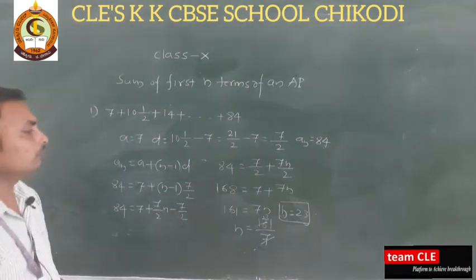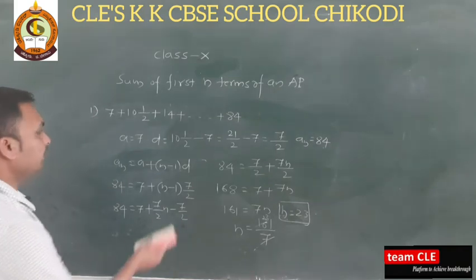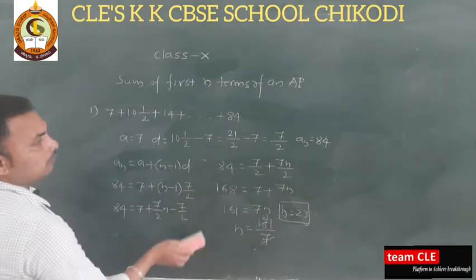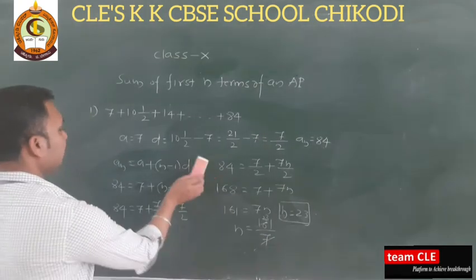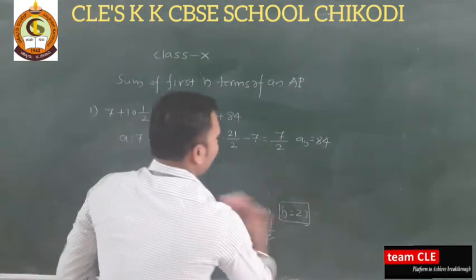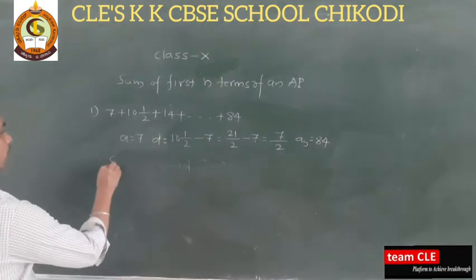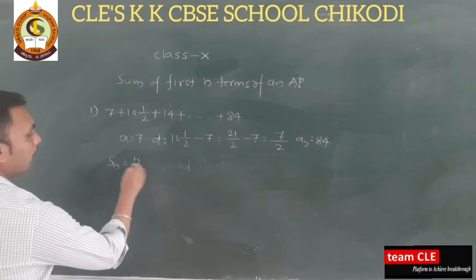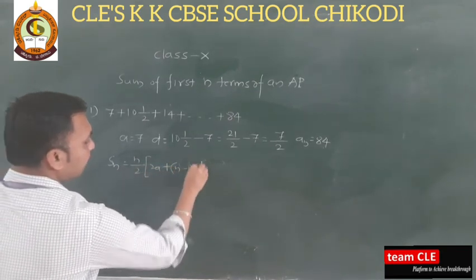Now we need to go for finding the sum. This is very easy. Let me rub this one, I don't have the place. n is equal to 23. Now I'll find the sum using the formula Sn is equal to n by 2 into bracket of 2a plus (n minus 1) into d.